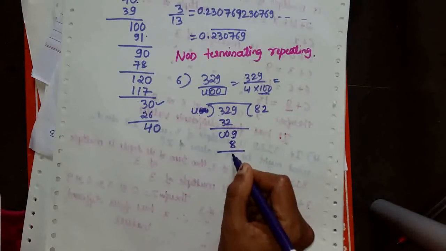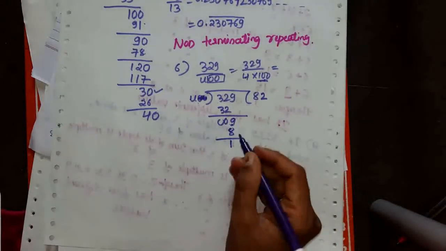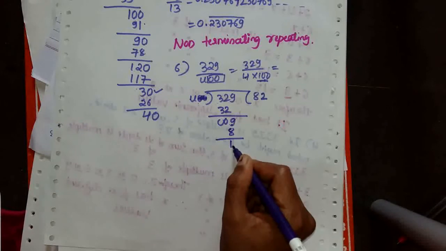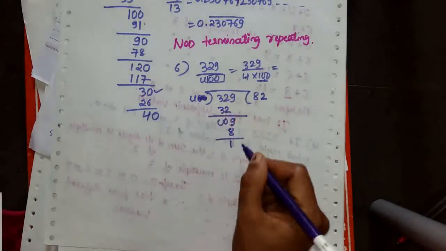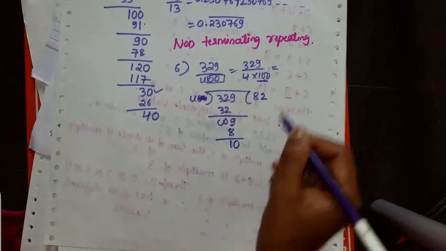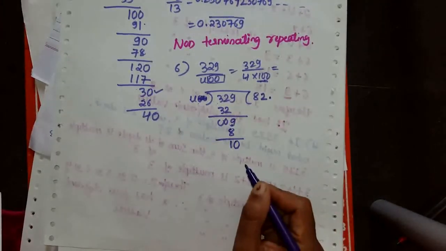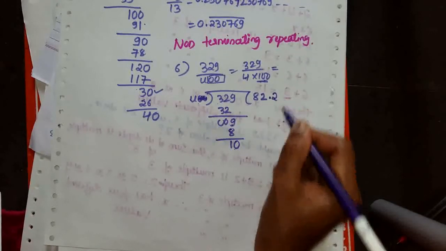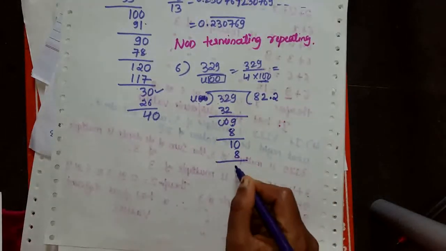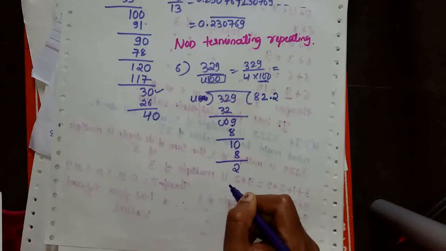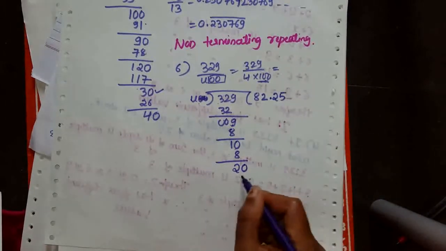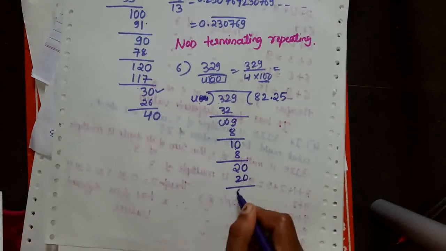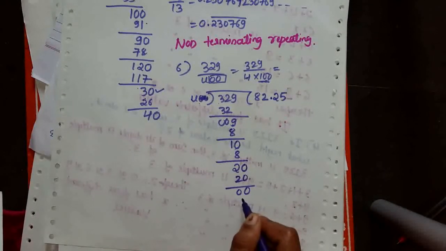1 is not divisible by 4, so here I take 0 and write down the point. Then 10, this is 4 2s are 8, again we have 2. Then 0, 4 5s are 20, so it is completely divided.